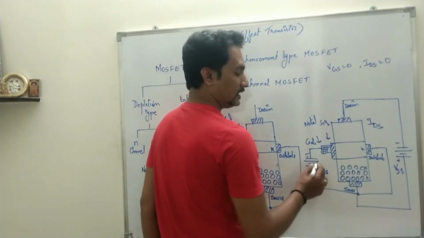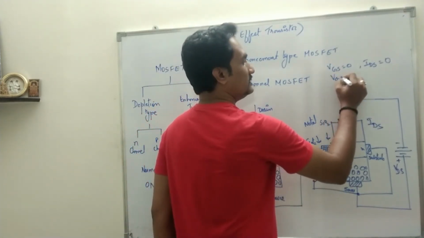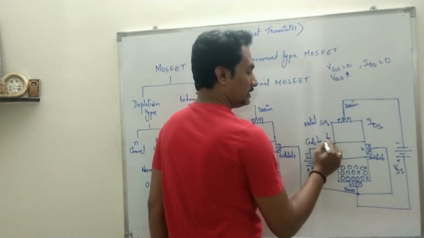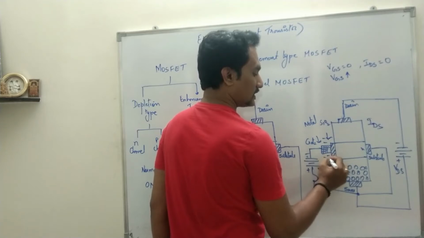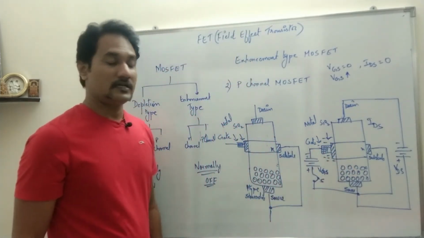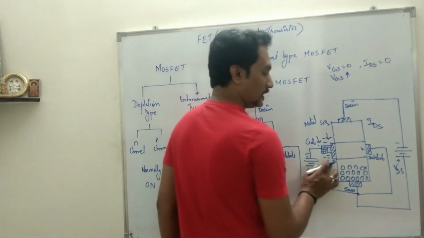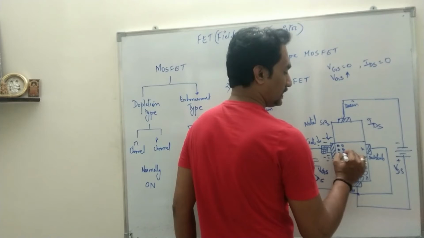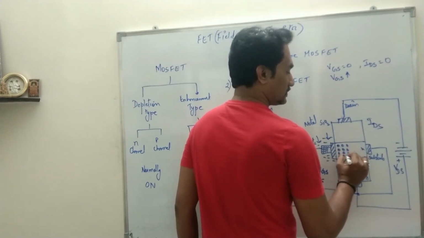Now when we apply potential to the gate to source terminal, that means VGS starts increasing. As soon as VGS is applied, negative charge starts accumulating in the capacitor formed by metal oxide semiconductor. So these electrons will repel the electrons of this N region. Okay, they will repel the electrons from this N region.